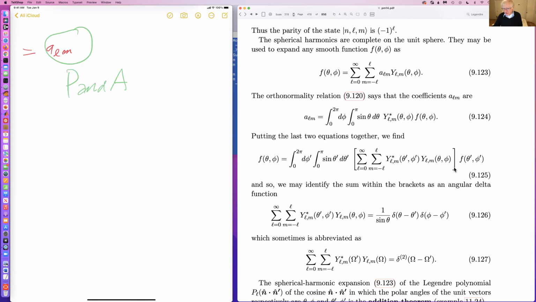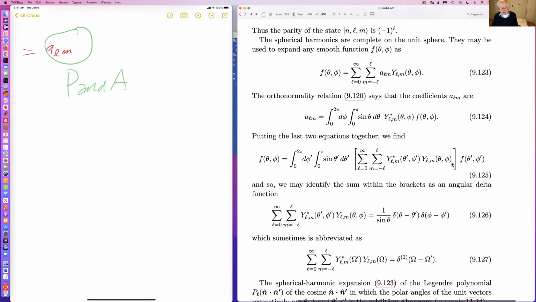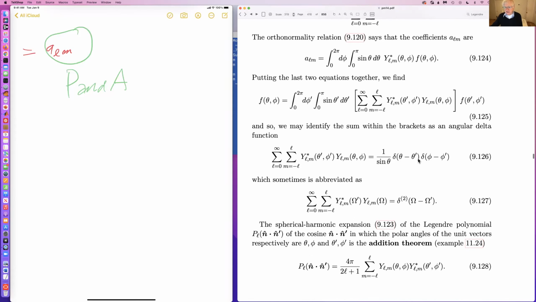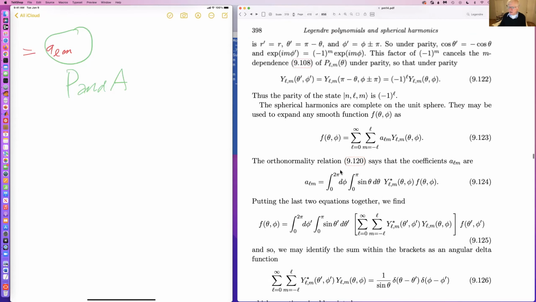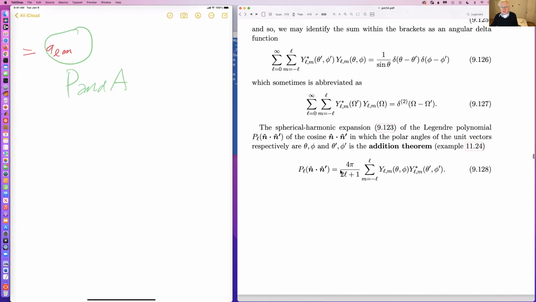If you put those two things together, you've got F written in terms of F and this big integral. So the stuff between the square brackets is an angular delta function. You can think of it as delta of theta minus theta prime, delta of phi minus phi prime, divided by sine theta. And that just knocks out this back to here. And so this is the completeness relation for the spherical harmonics, sometimes written this way.